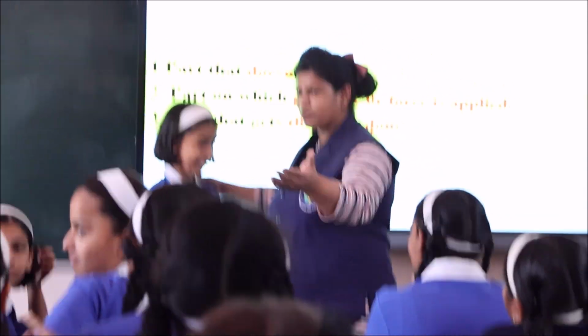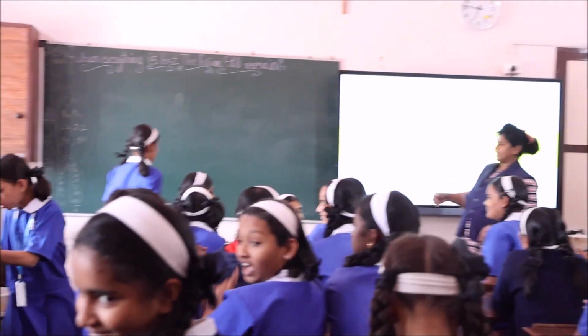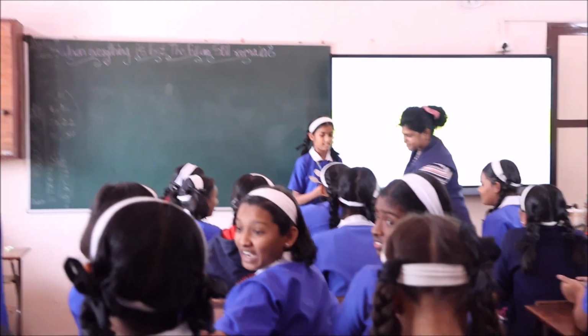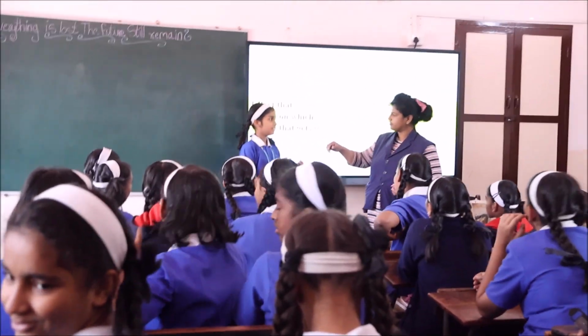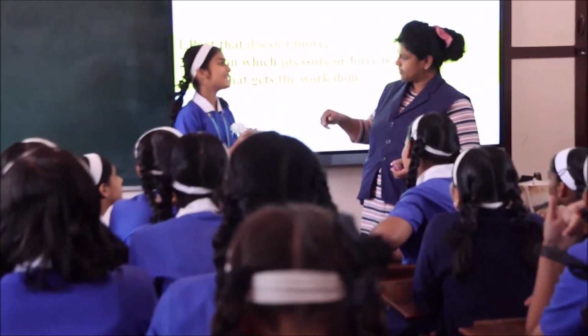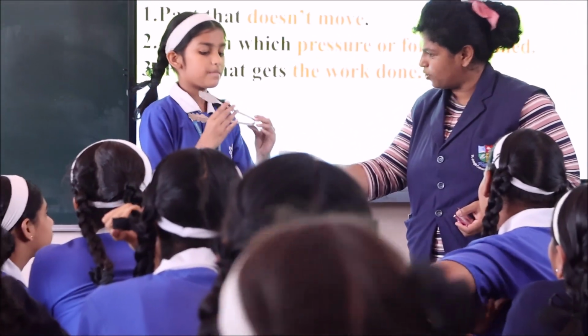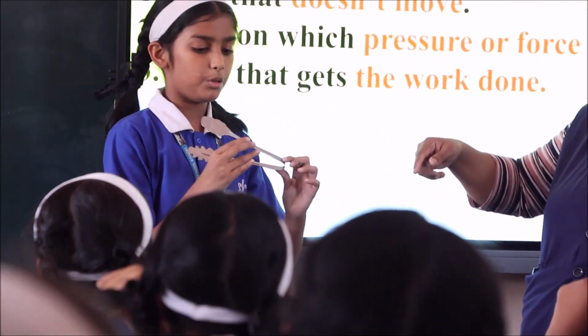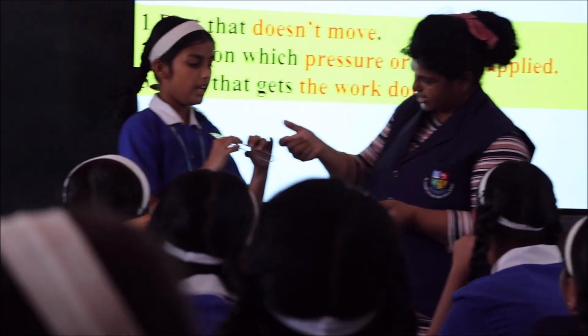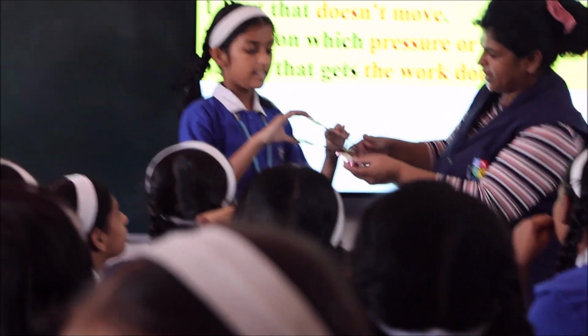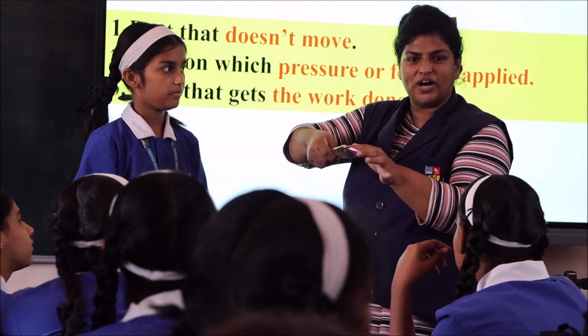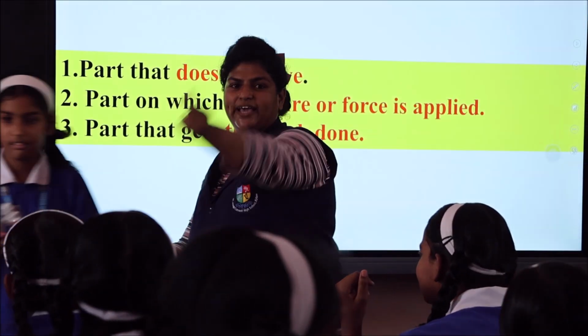Very good. Next. Come on, good job. This is a part that does not move. Pressure in the center. So this is the part where the work is done. Wonderful. Good job. Next one.